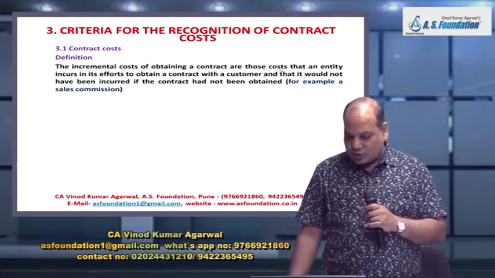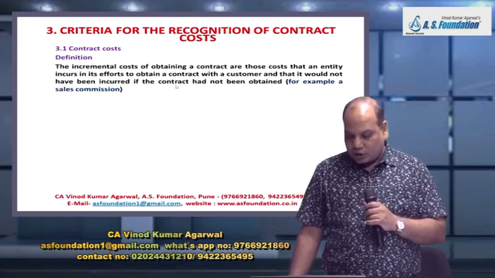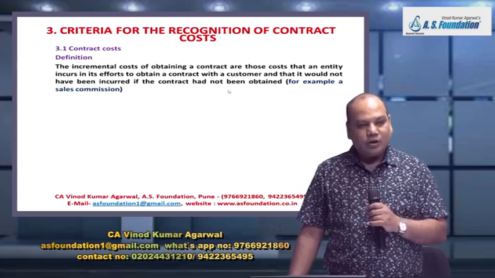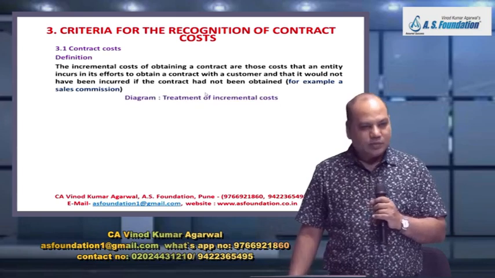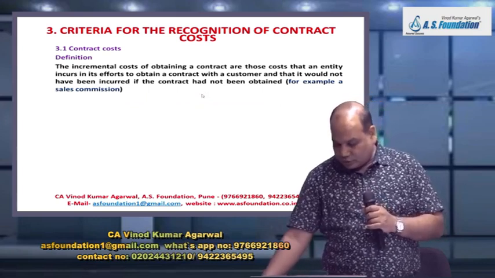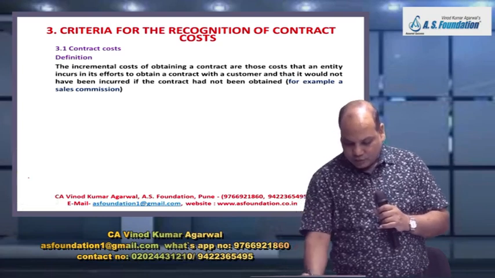Incremental costs are those costs that an entity incurs in order to obtain a contract with a customer, and that it would not have incurred if the contract had not been obtained. For example, a sales commission. Or for example, suppose you have to develop a software.